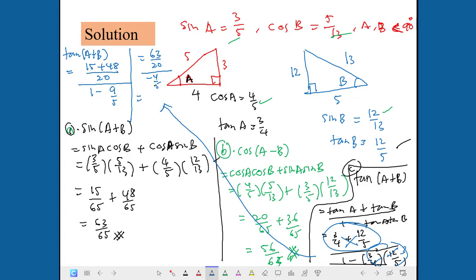Simplify: 63 over 20 times negative 5 over 4. Cancel and get 4, so negative 63 over 16. This is the answer for tan(A+B). Okay, settled.